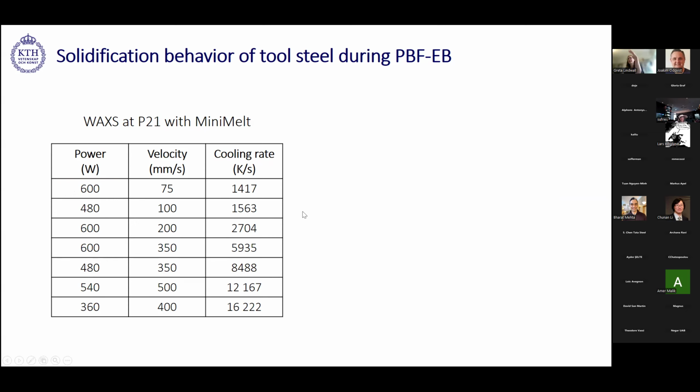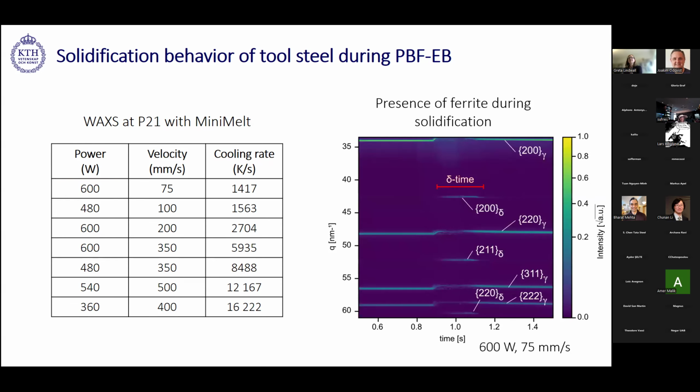We did the X-ray measurements for these different process conditions, or different powers and scanning speeds, and then we measured for how long the delta phase was present during the solidification. So we got a delta phase time, or what you want to call it.